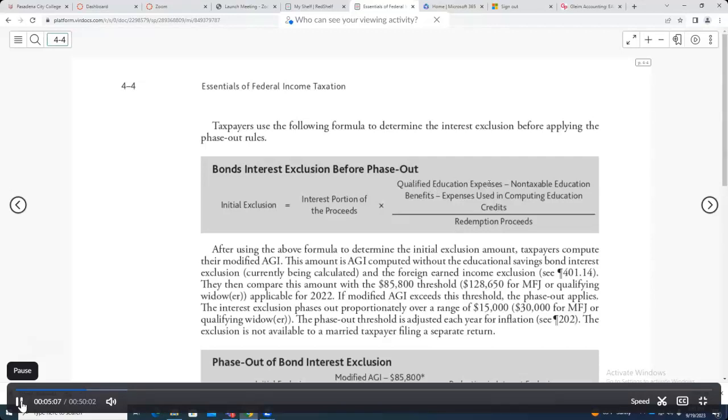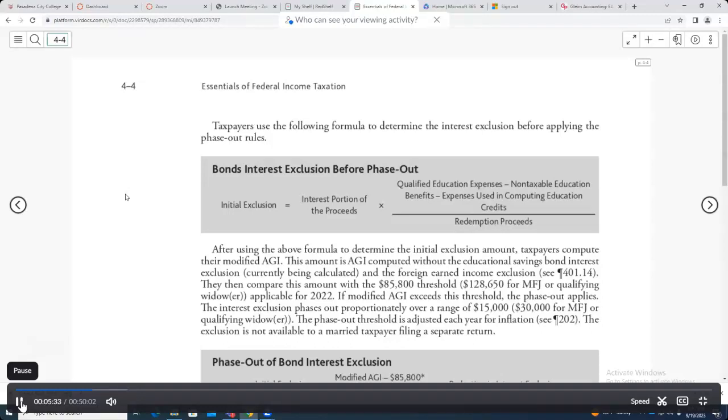Qualified education expense, it was on the page before that, it says like tuition, books, those are qualifying education expenses. However, if you use those expenses or a portion of it for the American Opportunity Credit, you have to take that out so you don't double dip.